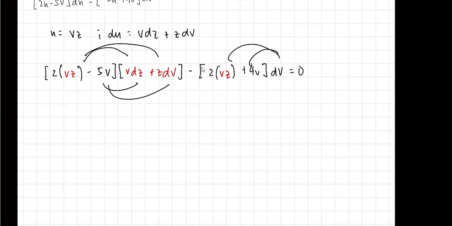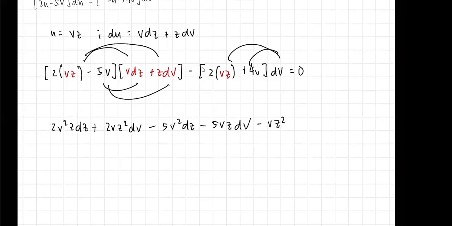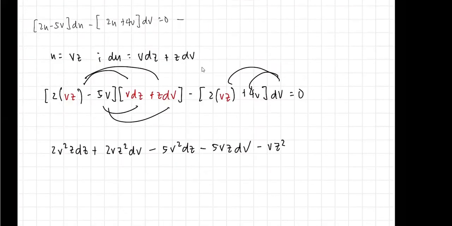Okay, so we have 2v squared z dz plus 2vz squared dv minus 5v squared dz minus 5vz dv minus vz squared. So 2 pala yun, ano?